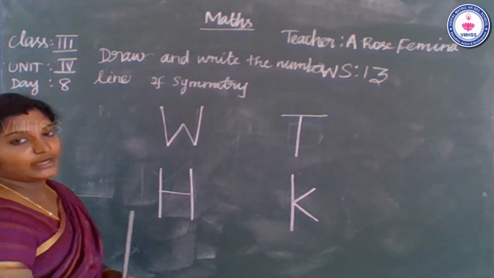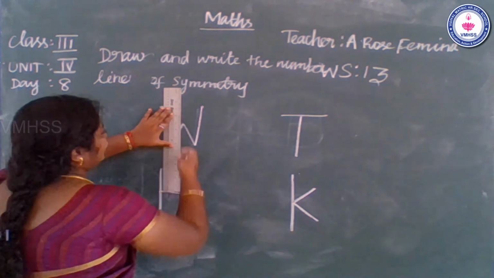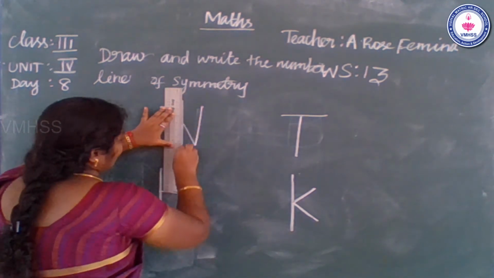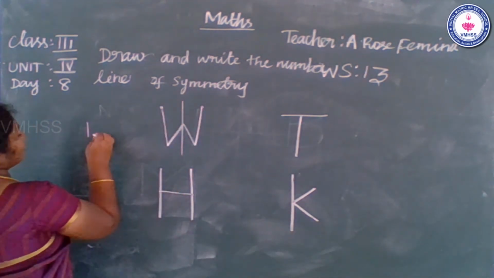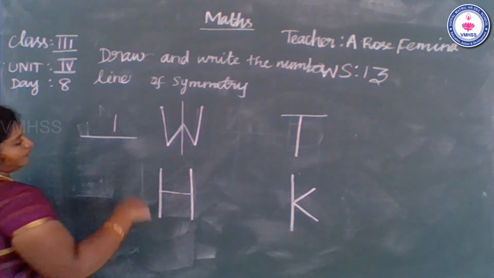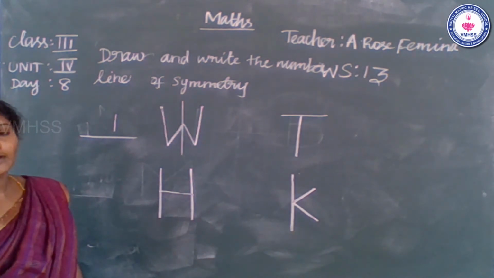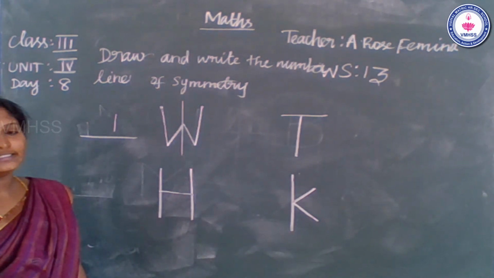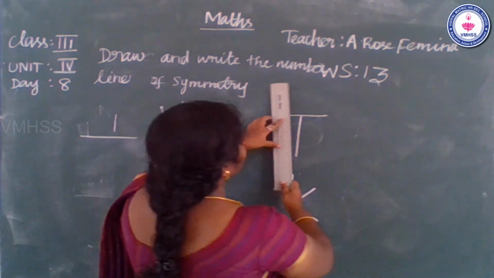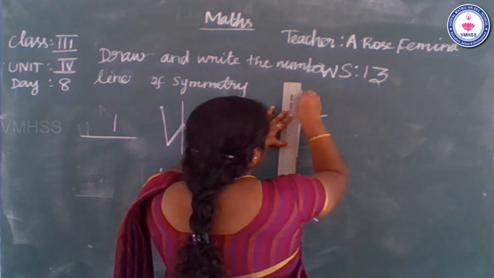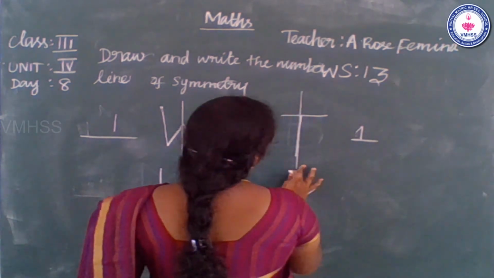What is the first one? The letter W. I draw one vertical line. So the answer is one line of symmetry. You write the number one only. Students, write fast. Second one, the letter T. This is also vertical symmetry, so it is one line of symmetry.